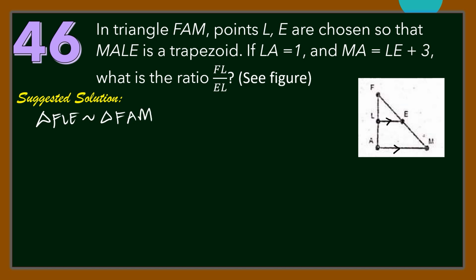And from this similarity, we have FL over LE equal to FA over AM. Since LA is equal to 1, and we know that FA is equal to FL plus LA, then FA is equal to FL plus 1. Also, AM is equal to MA, and that is equal to LE plus 3.